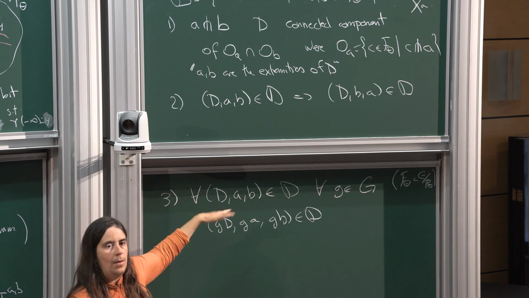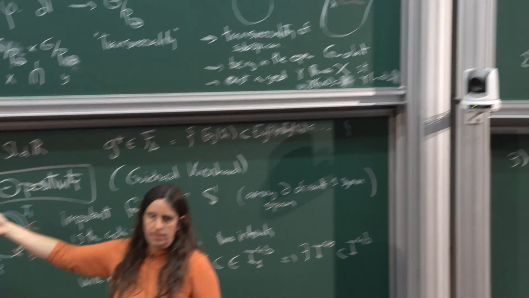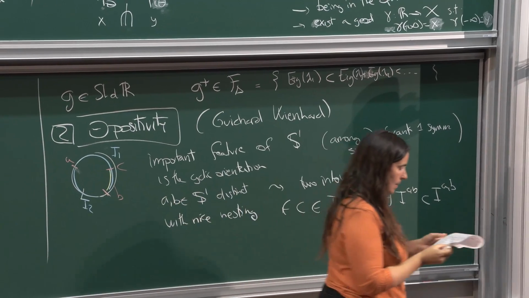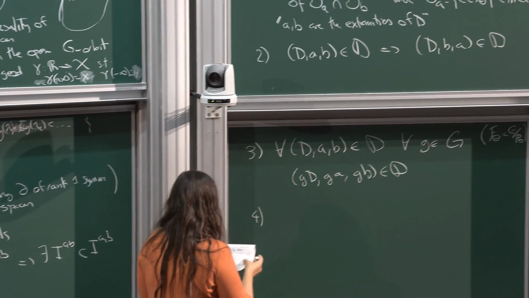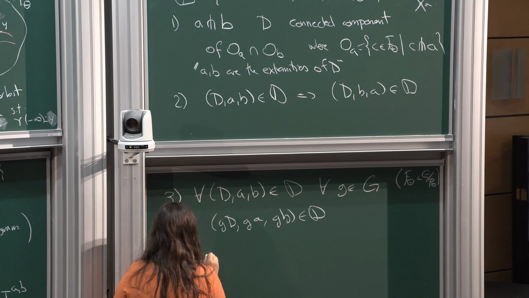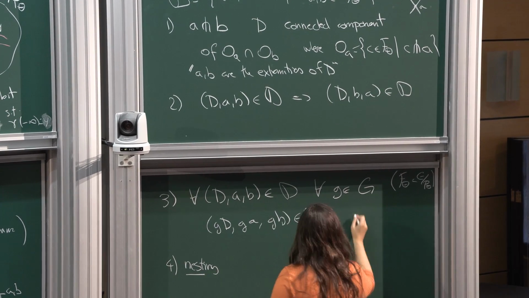So I want my family of intervals to be closed under the G action on the flag space. And the third property that I want is this nesting. This is g equals 1.